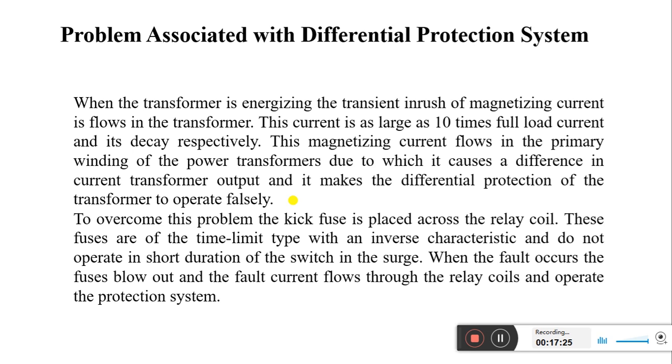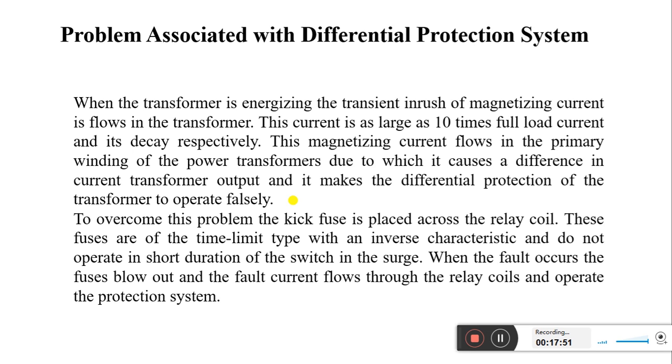Because of this magnetizing or inrush current, the system may operate falsely even though there is no fault, because the differential protection of the transformer operates falsely. So in general this may happen, but it should not happen.